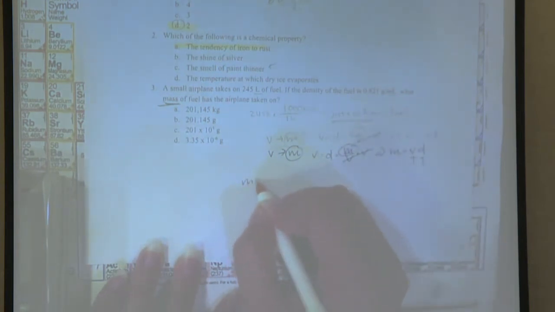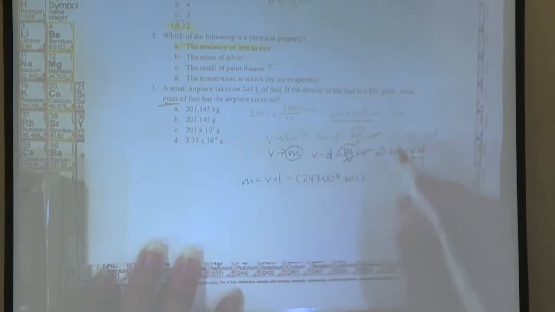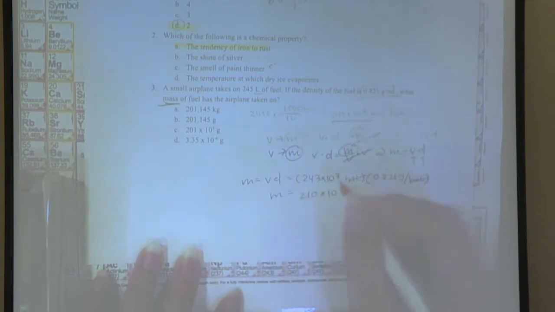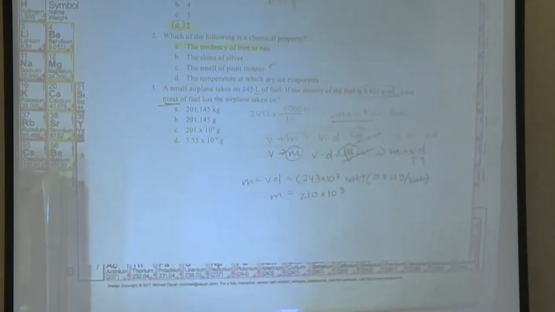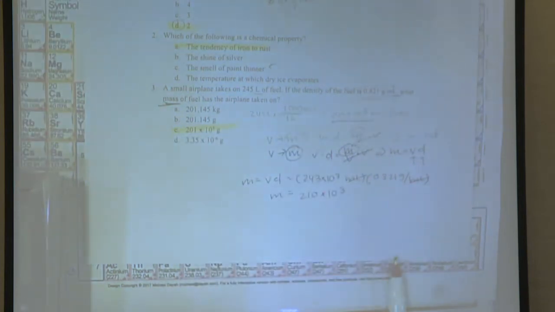So mass is equal to V times D, which is 245 times 10 to the third mL, and our density was given to us right here, 0.821 grams per mL. Our mL cancel out, and so our mass is going to be 201 times 10 to the third grams, making our answer C.